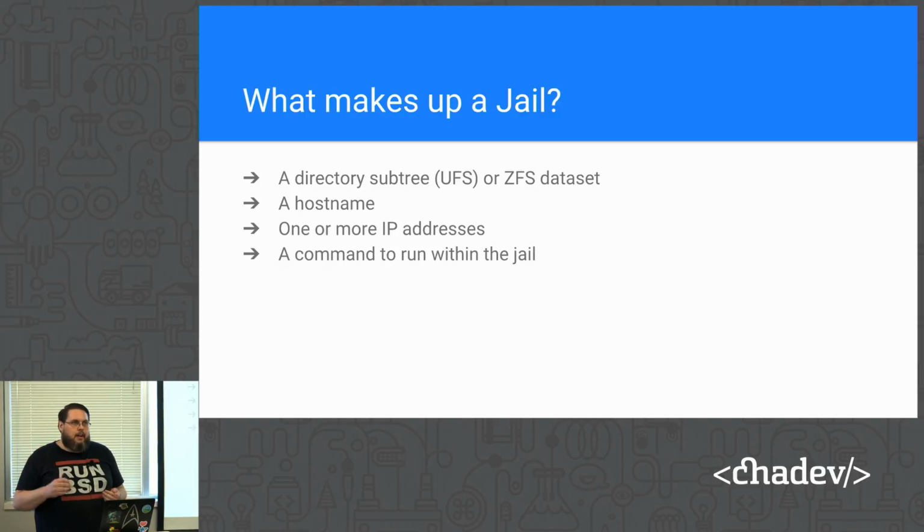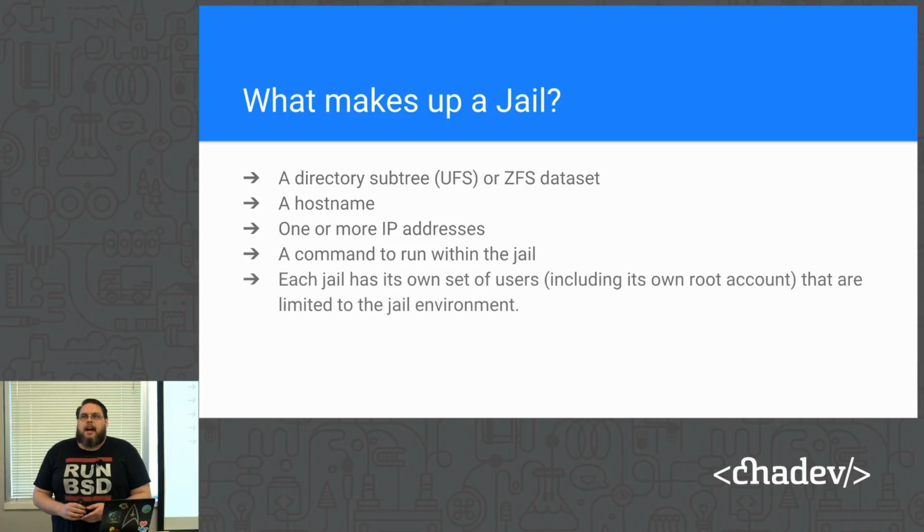And this command is relative to the path within the jail. So say you gave it the path /bin/true. That's the true command within the jail, not the true command on the host. And so on top of having their own set of users, they also have their own root user, which can only manipulate that jail.